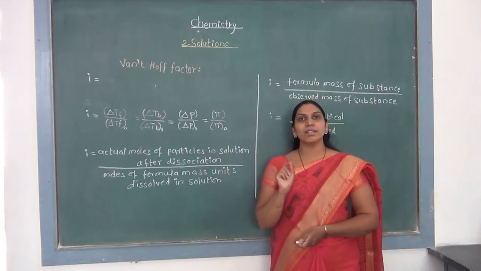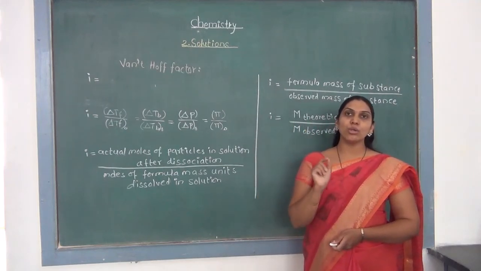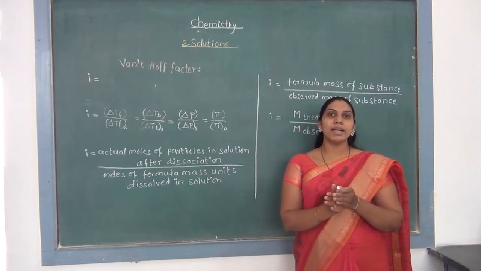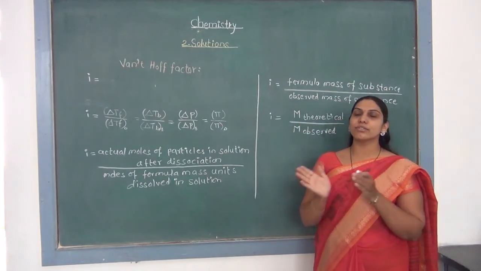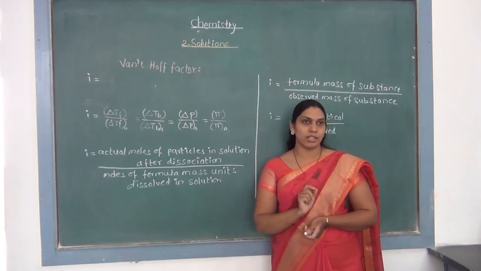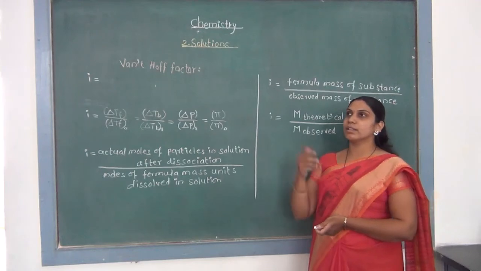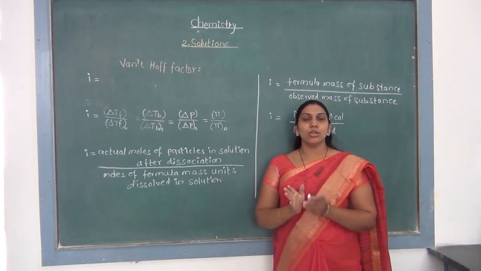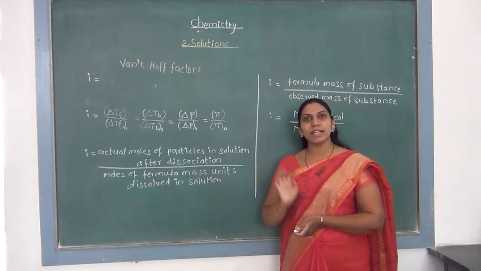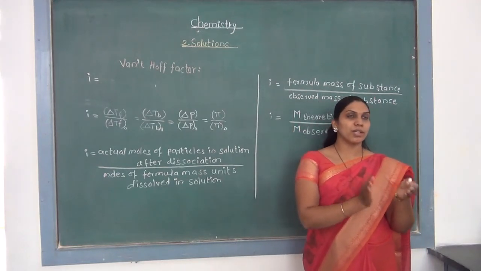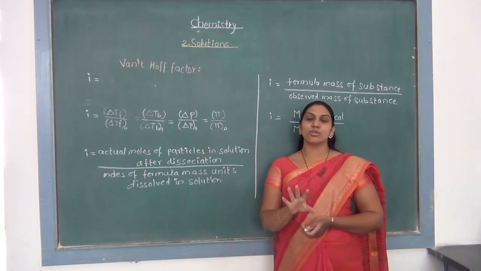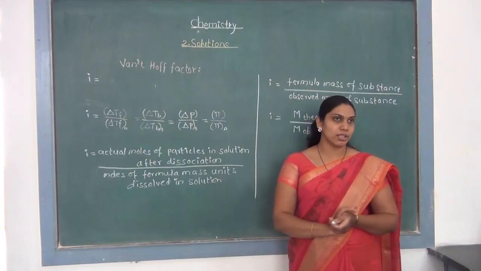It is defined as the ratio of the colligative properties of the electrolyte solution divided by the colligative properties of the non-electrolyte solution having the same concentration. Both the solutions must have the same concentration.